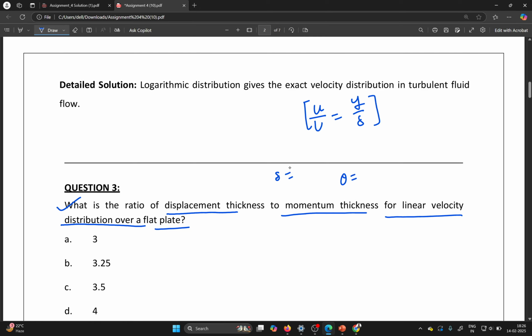We can represent them like this: displacement thickness is the integral from 0 to delta of (1 minus u by capital U) dy, and momentum thickness is the integral from 0 to delta of u by capital U times (1 minus u by capital U) dy. You can use this and calculate very easily.